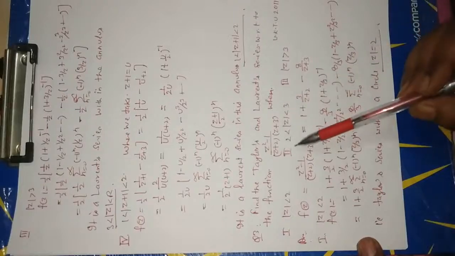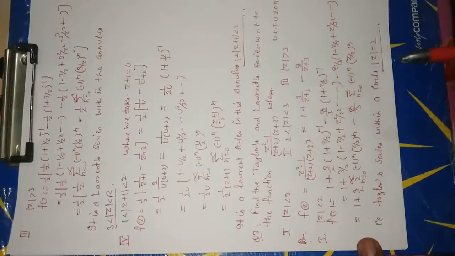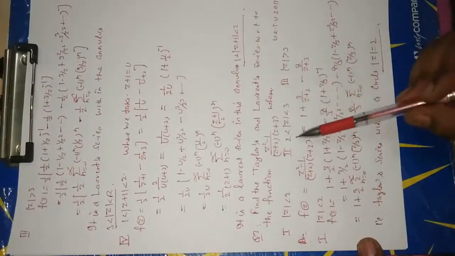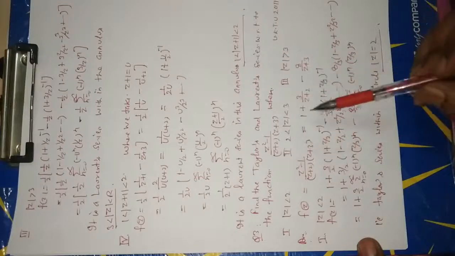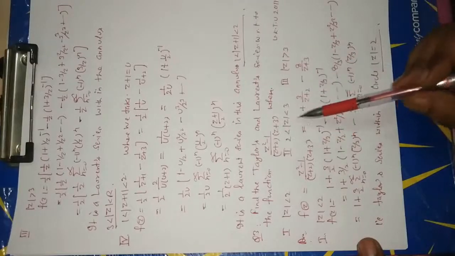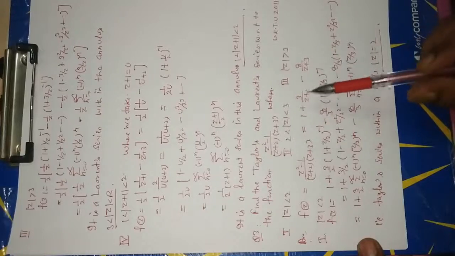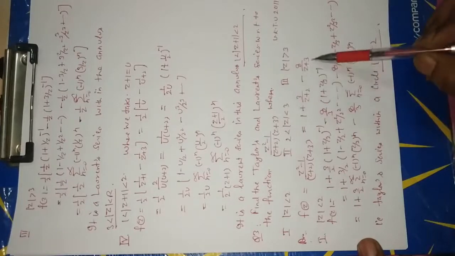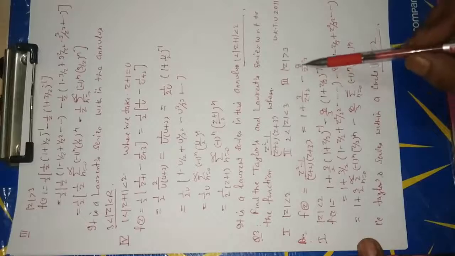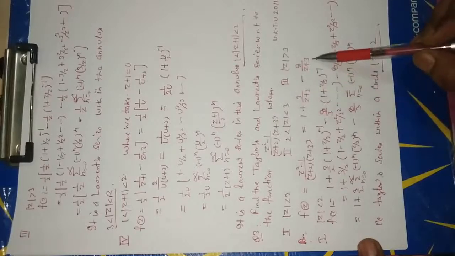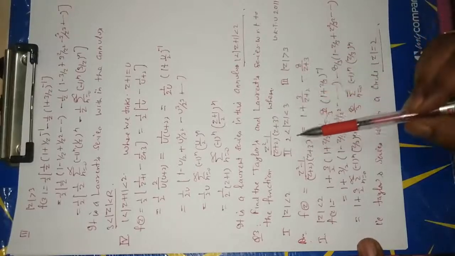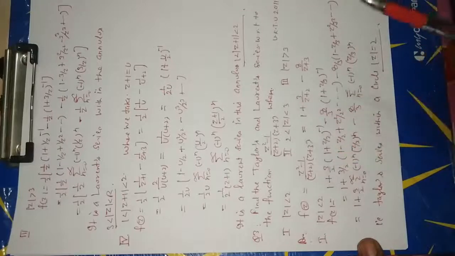Similarly, we can solve second and third part also. In the second part, we take common z, and in the second part of this fraction, we take 3 common, and expand binomially.